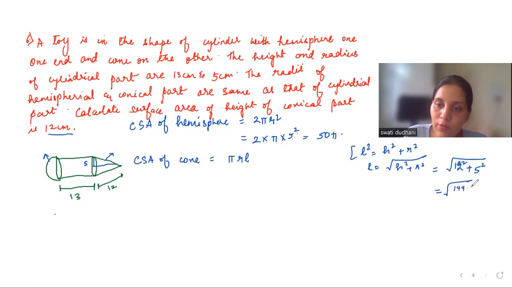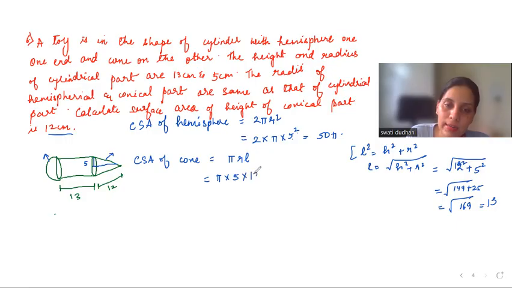So 144 plus 25 is 169, root of which is 13. So pi into radius 5 and slant height 13, we get 65 pi.